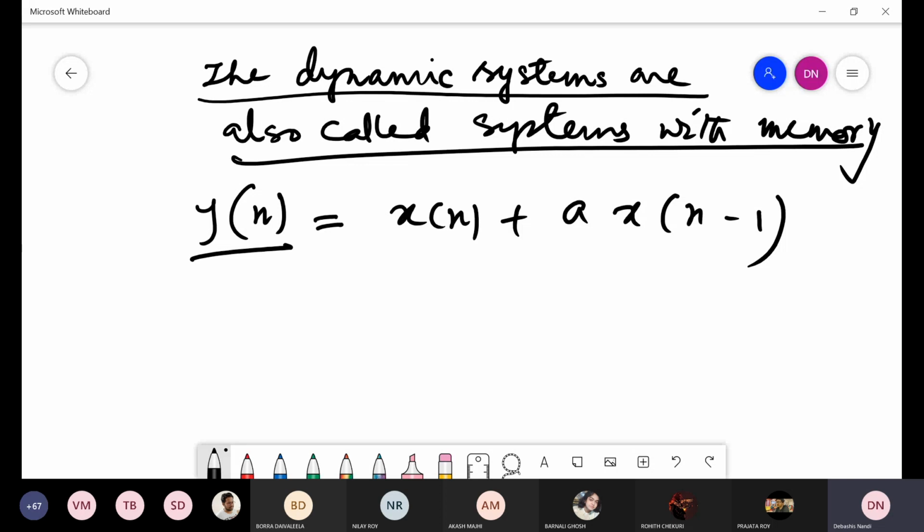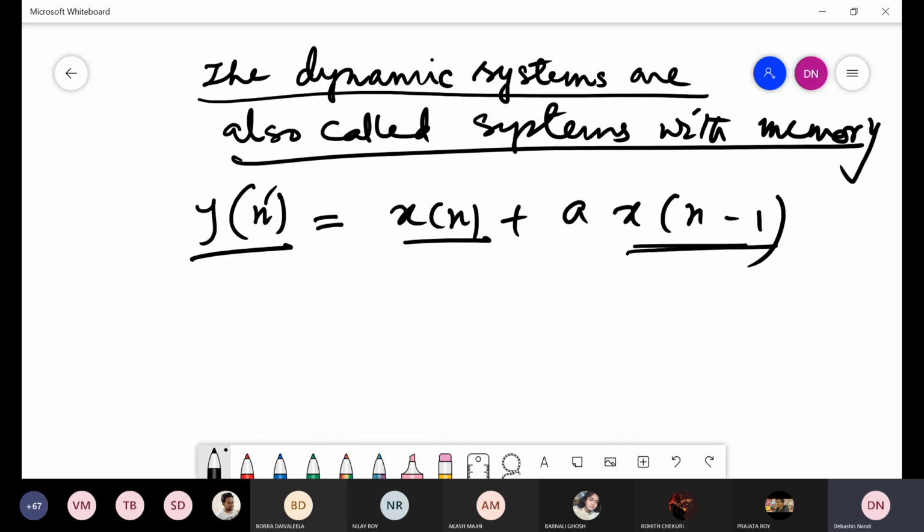Here you see the output at any time instant n depends on the input at that time instant n and also the previous input. This is the previous input, the input at n minus 1 time instant.